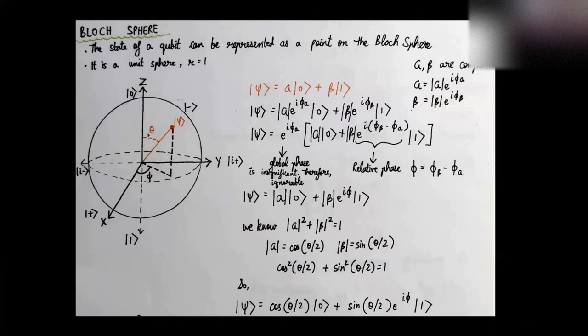Like it is in 2D, and if you look from top, like if you look from ket 0's direction, then it can be anywhere on the sphere. It can be anywhere with respect to this circle, this cut that you see. So basically it's a 2D vector, and then it can be in any orientation about the z-axis or ket 0.